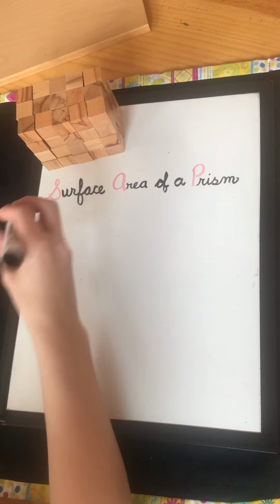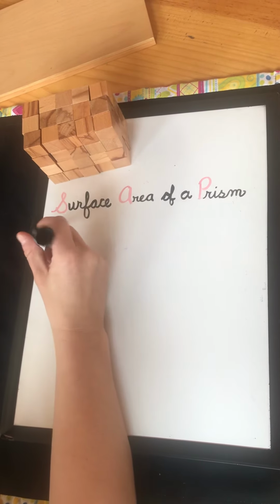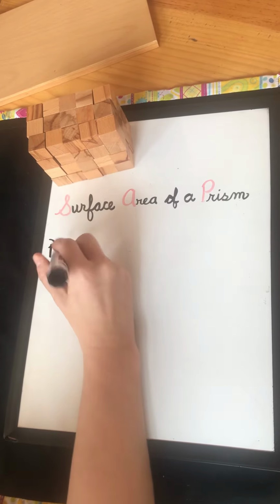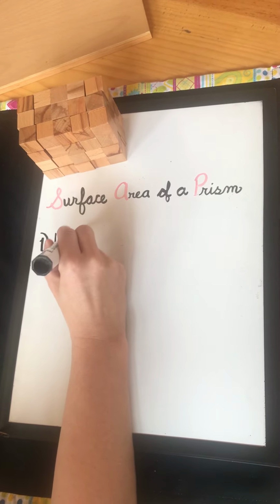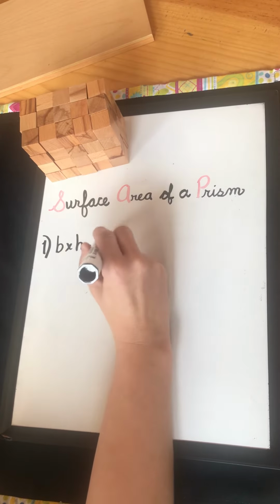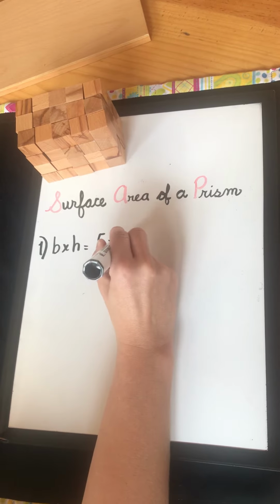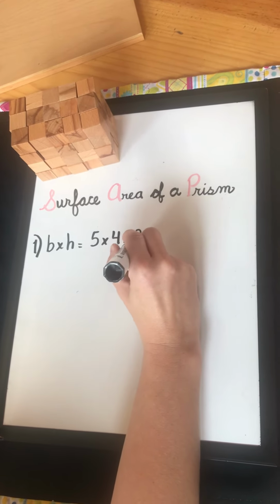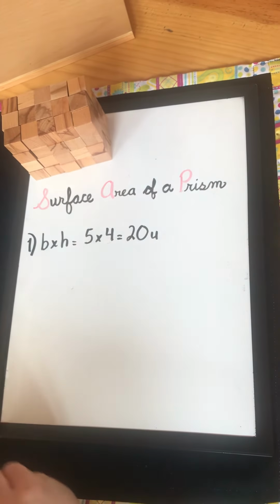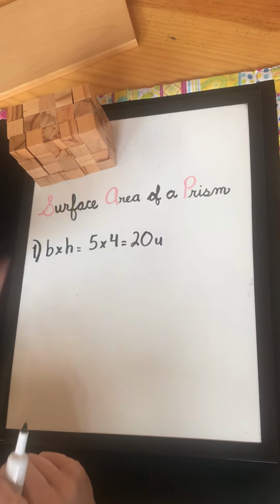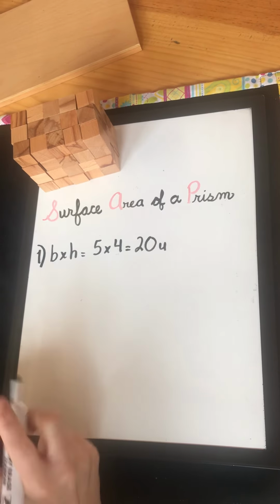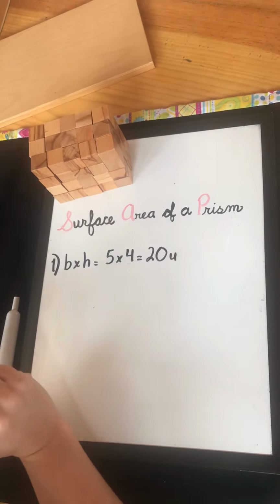Okay, so that will give us the area of this face. So we have base times height, which equals 5 times 4, which equals 20 square units. That's face 1.